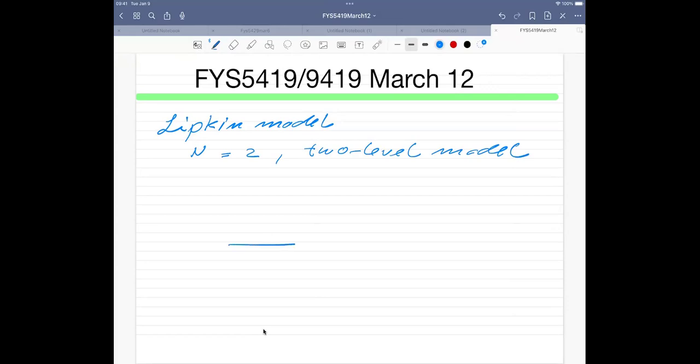We have one level here, which has an energy of minus epsilon divided by 2. Then there is a new slot here where we have an energy of plus epsilon half. And in each of these levels, we can place as many particles as we want.